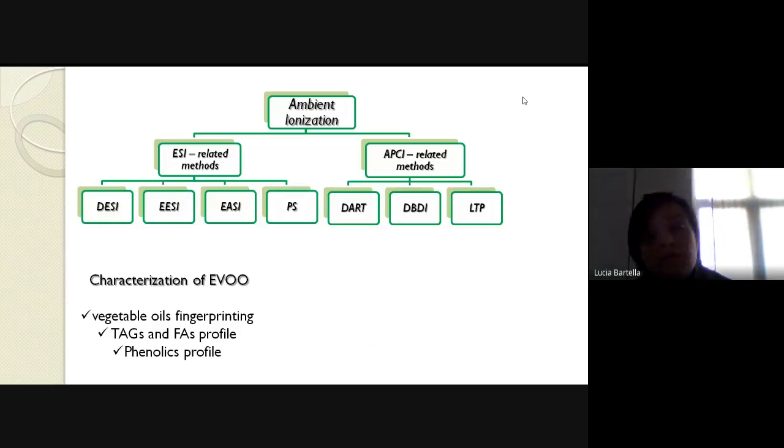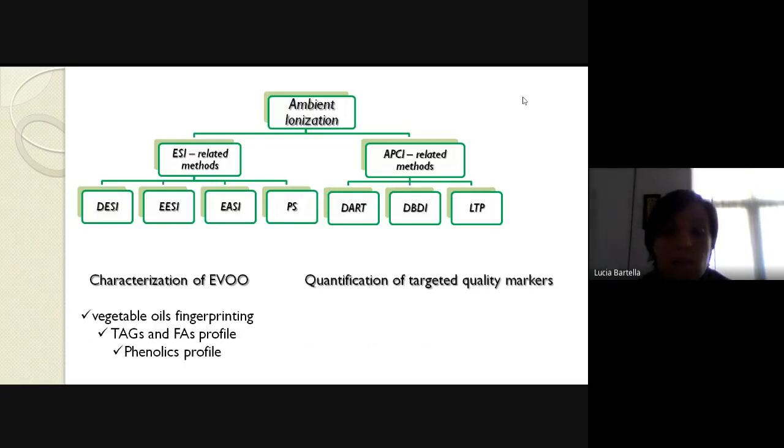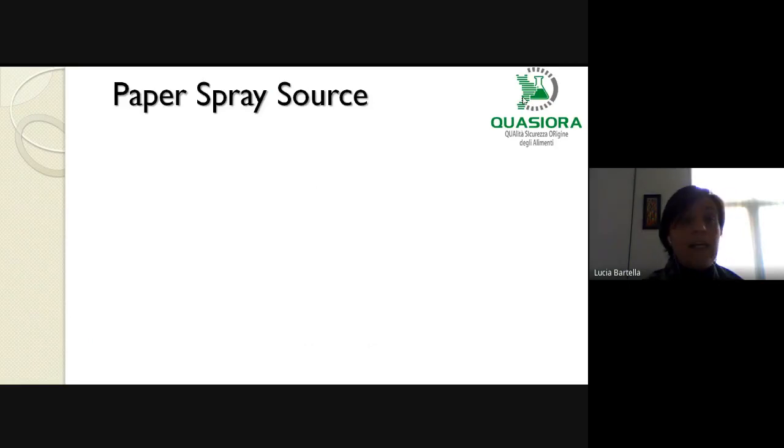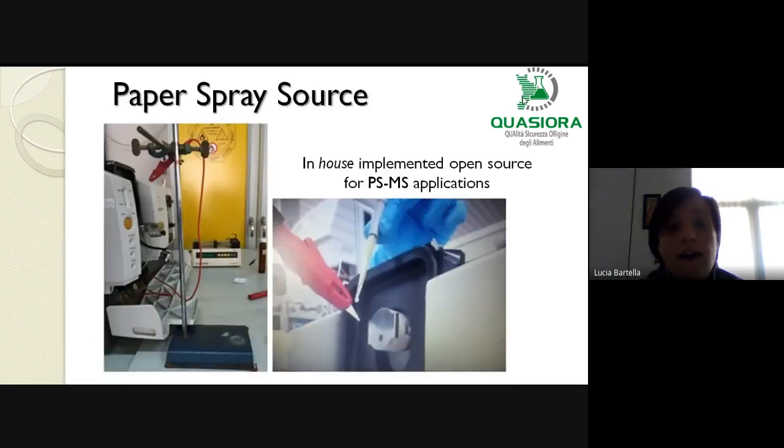And some of these procedures are also based on the quantification of specific quality markers, so phenolic compounds, tocopherol, and sterols.